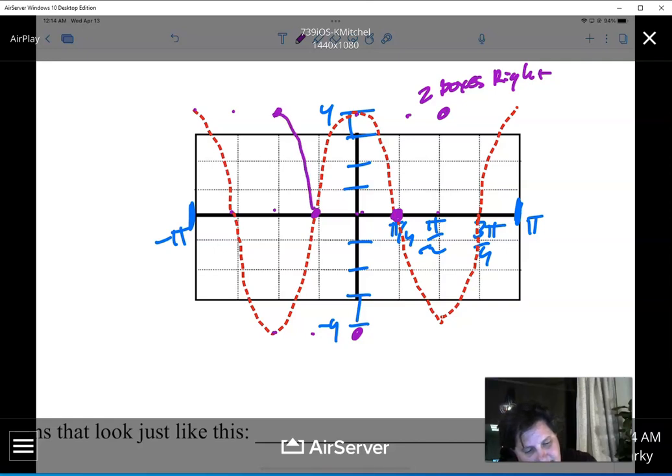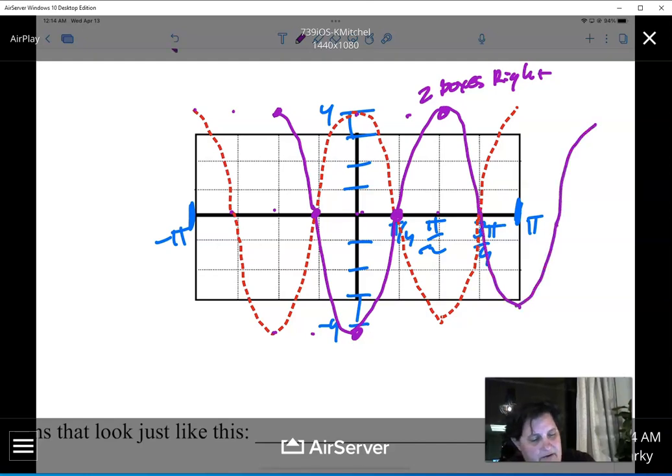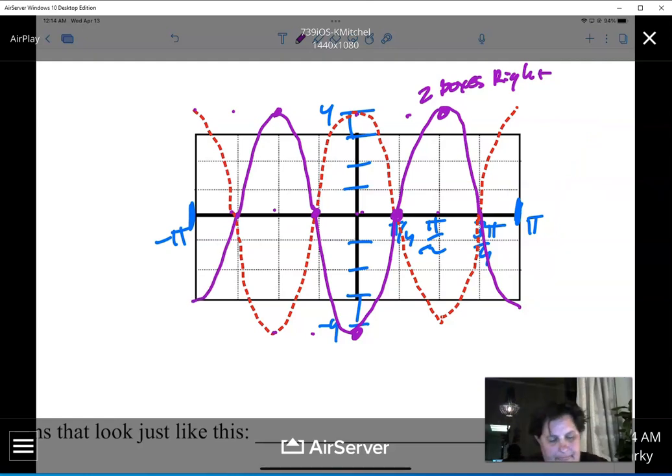As soon as you can get an idea of the pattern, you can either keep going like that, which would be fine, or I like to just fill it in over here.